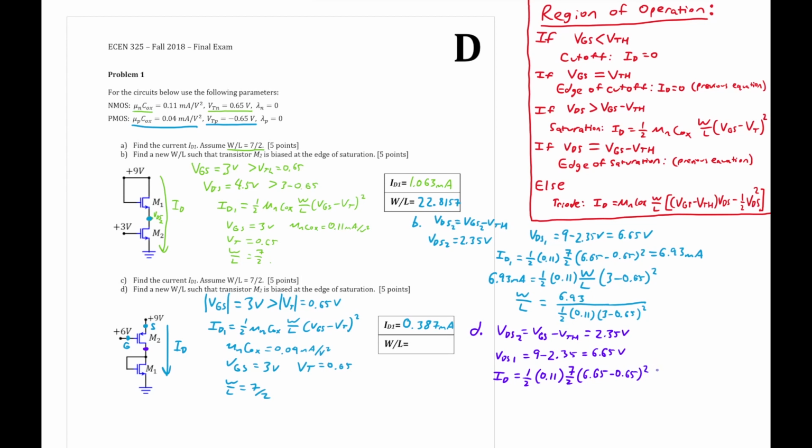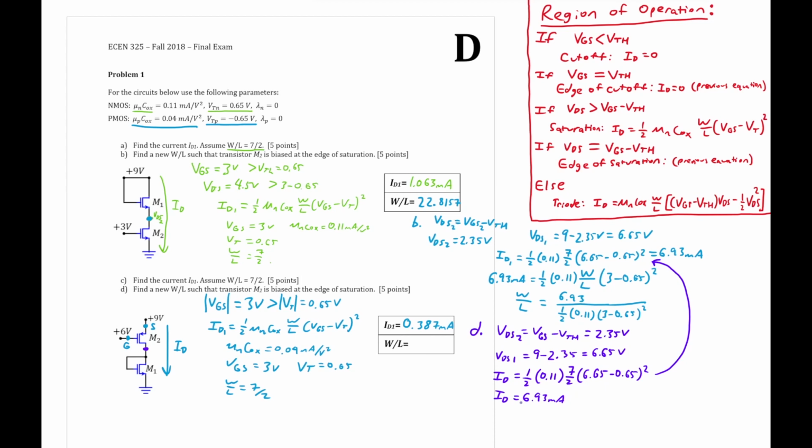And as you can see, we actually used all of the exact same values from up here because these problems are very similar. And so we get our ID is just equal to 6.93 milliamps, like we did before.